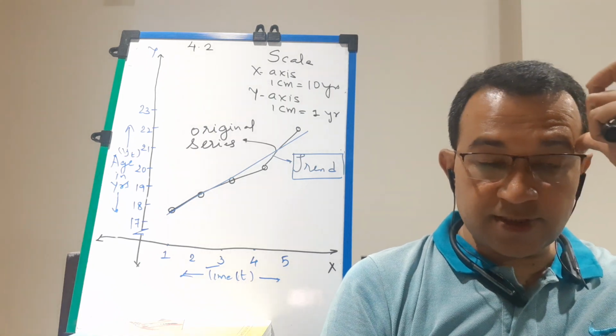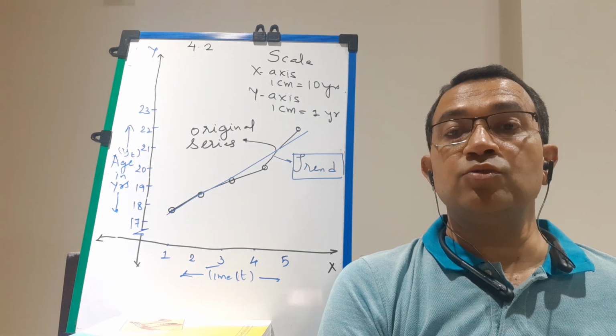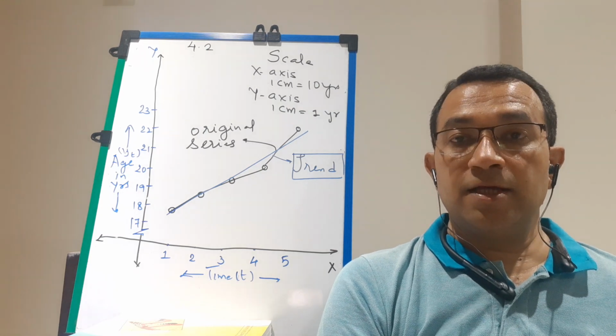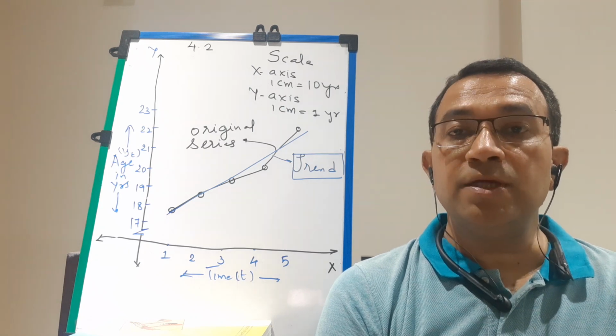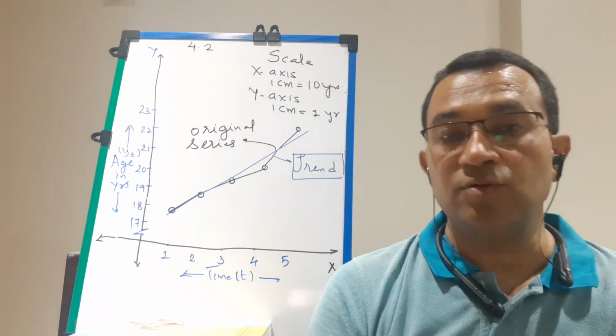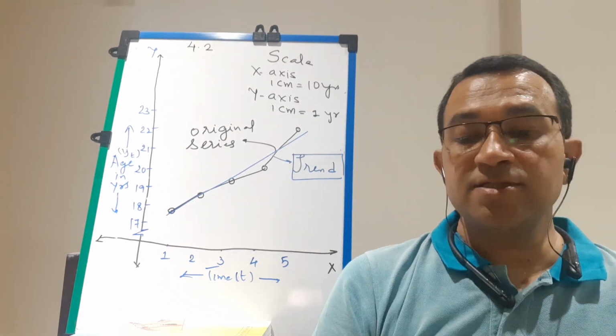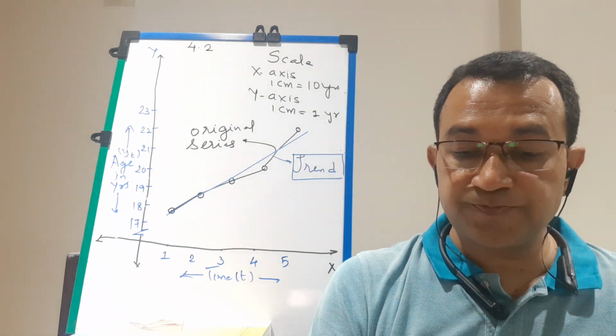N is given, students. If n is 4, the value of time period will be 1, 2, 3 and 4. If n is 5, the value of time period would be 1, 2, 3, 4 and 5. This we have to be very careful about. This type of sum is very easy once you understand.